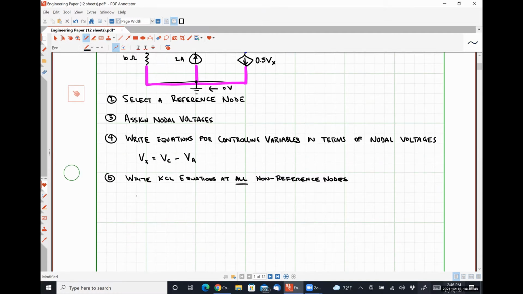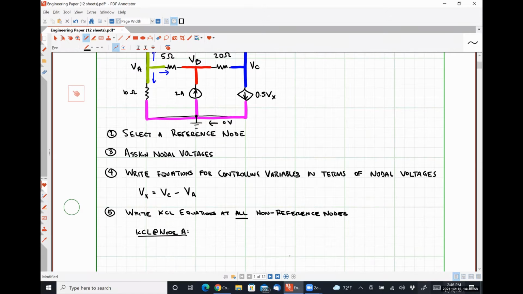So KCL at node A, my equation should look like this. The current flowing down through the 10 ohm resistor is just the voltage drop over the 10 ohm resistor divided by the resistor value, according to Ohm's law.